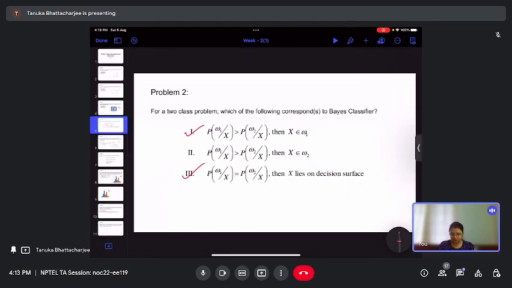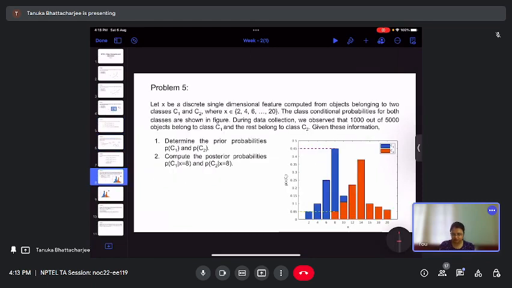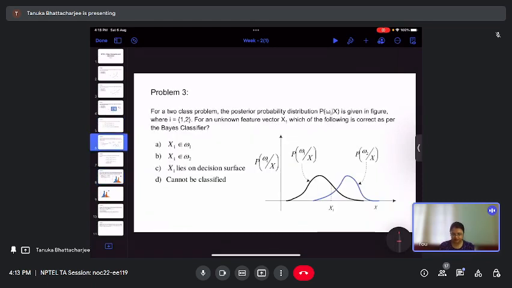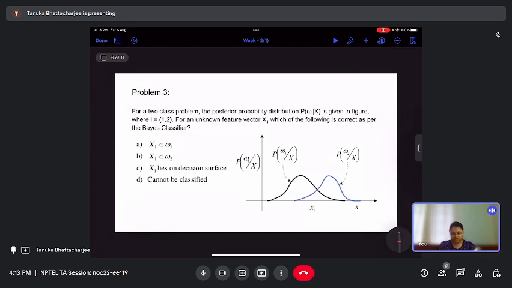So once we know that, let's look at this problem. Here, this is also a 2-class problem, and the posterior probability distributions P of omega 1 given x and P of omega 2 given x are shown in the figure. Both are kind of Gaussian type distributions, though the omega 2 one is not exactly Gaussian, but a similar type of distribution, with the mean shifted for both of them.